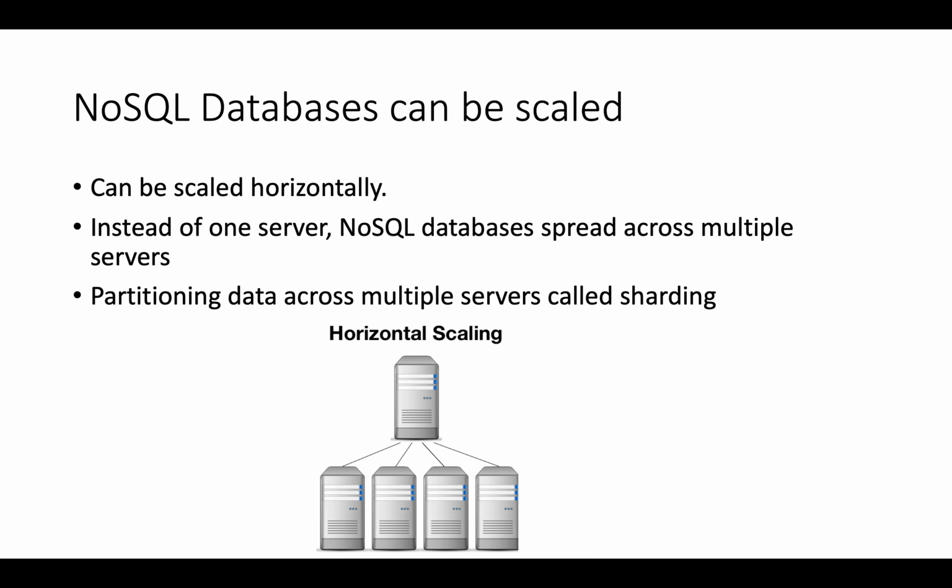NoSQL databases such as MongoDB can be partitioned across multiple servers. And this process of partitioning data across multiple servers is called sharding. So instead of buying a more powerful server, you get more servers.